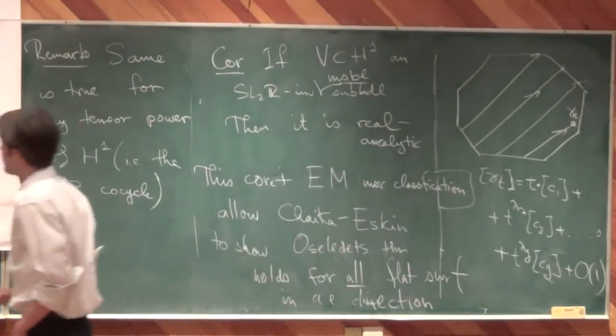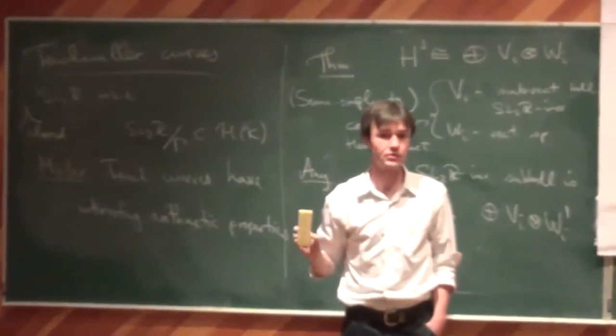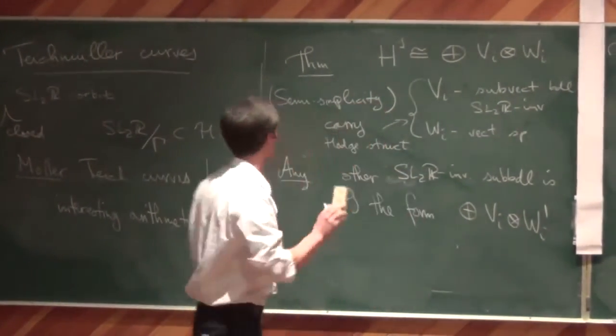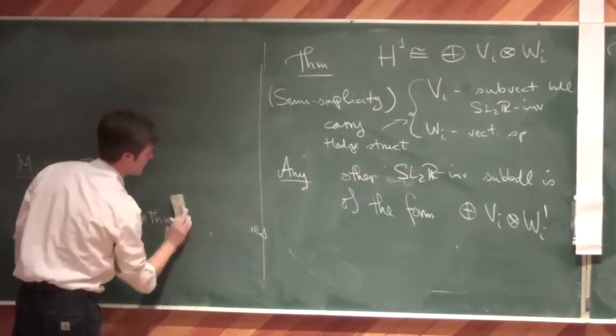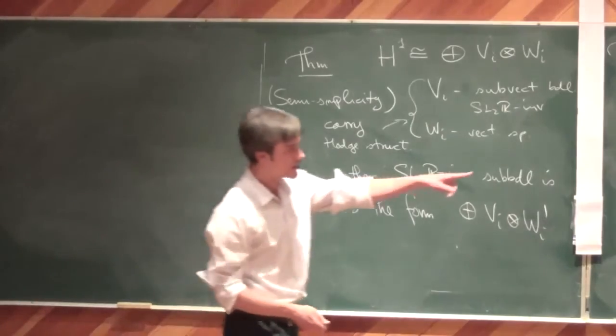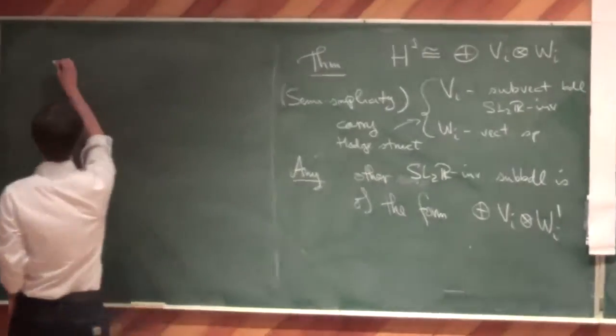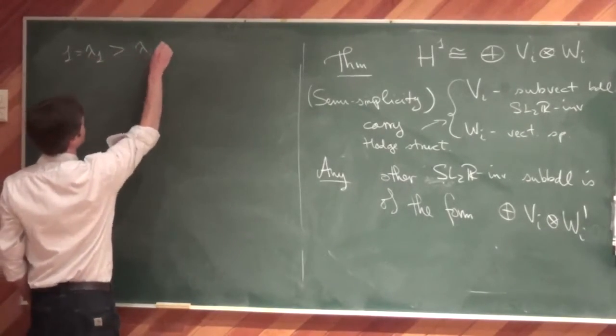Don't erase that because I had questions. Okay. So these lambda i's, the first one is just lambda 1, and d is equal to 1.